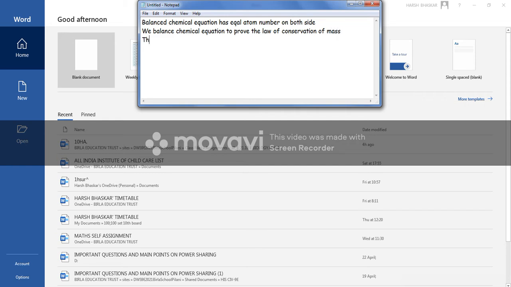And what is the law of conservation of mass?